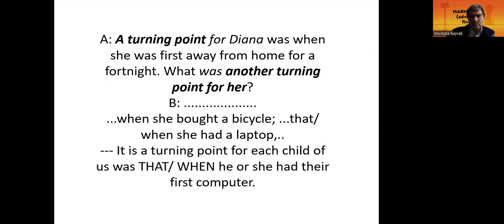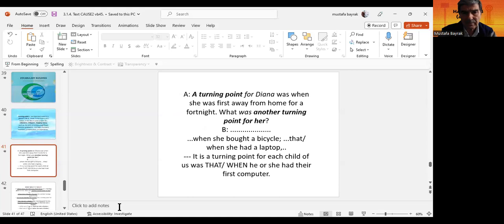Okay, it's a turning point for each child of us was that, yes, or that he or she had their first computer was a turning point. It's a turning point for each of us. That not was is unnecessary here. Okay.